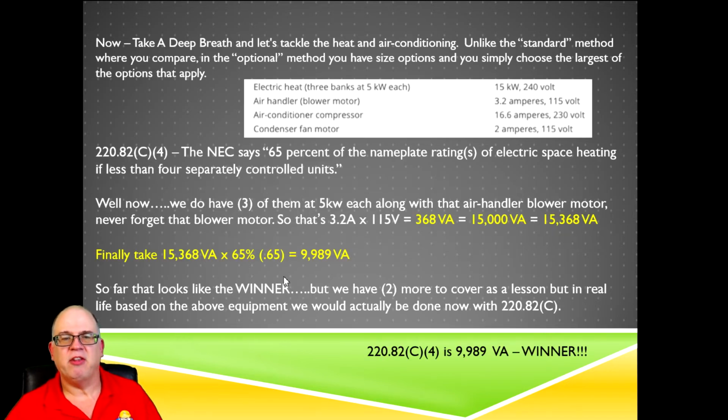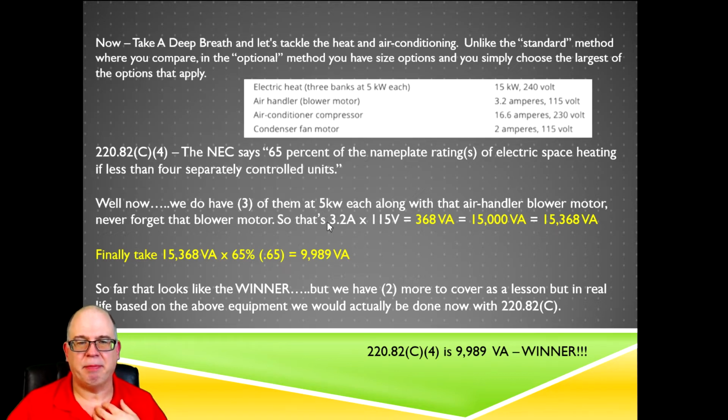But in this case, I did this on purpose because I didn't want you to stay on that one about the heat pump. I wanted to give you this scenario where I've got electric heat. It's separately controlled. There are 3 banks of 5 kW. Okay. And I'm dealing with this application. And so what? I've got less than 4.